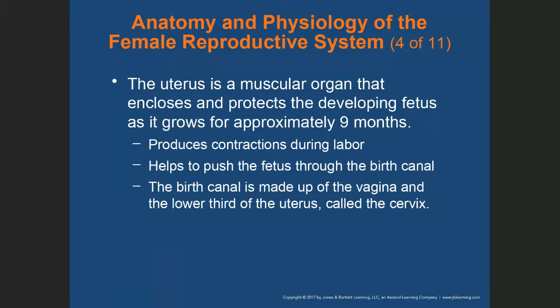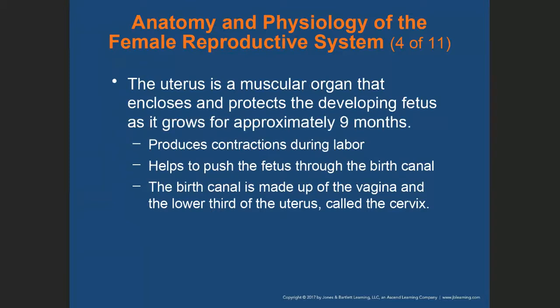The uterus is a muscular organ that encloses and protects the developing fetus as it grows for approximately 9 months. It produces contractions during labor. It helps push the fetus through the birth canal.